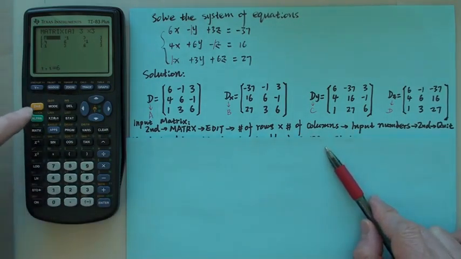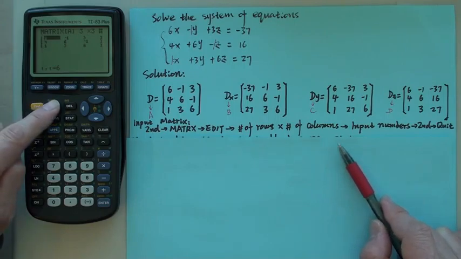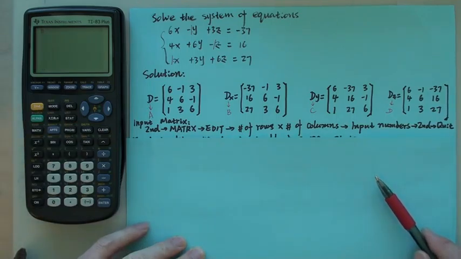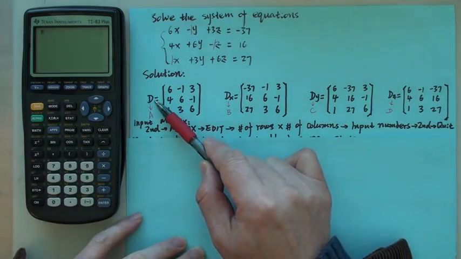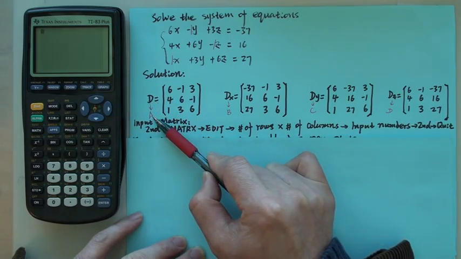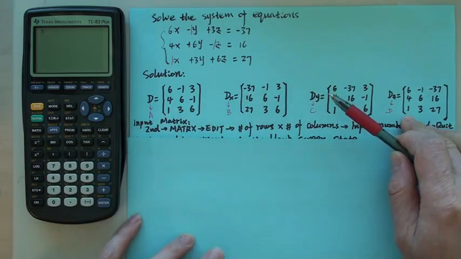Then you need to get out of here with second, quit. Then the D matrix gets into the matrix A in the calculator.